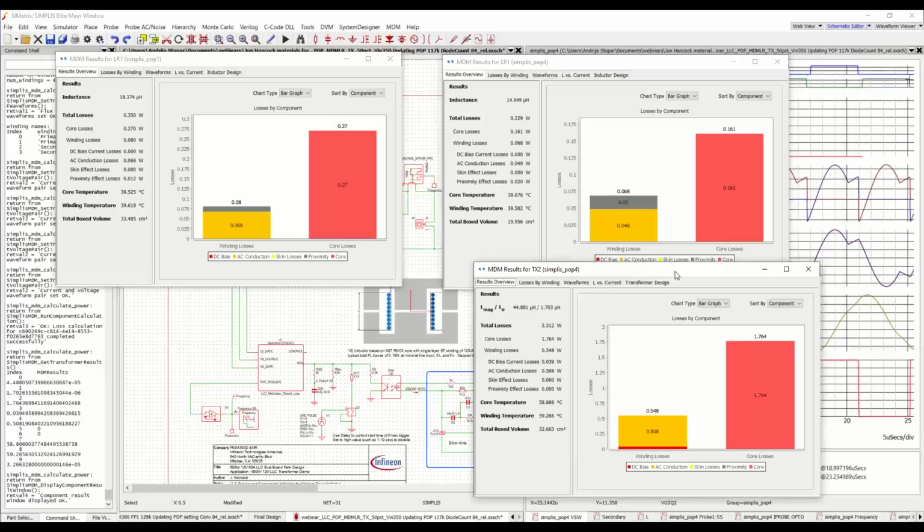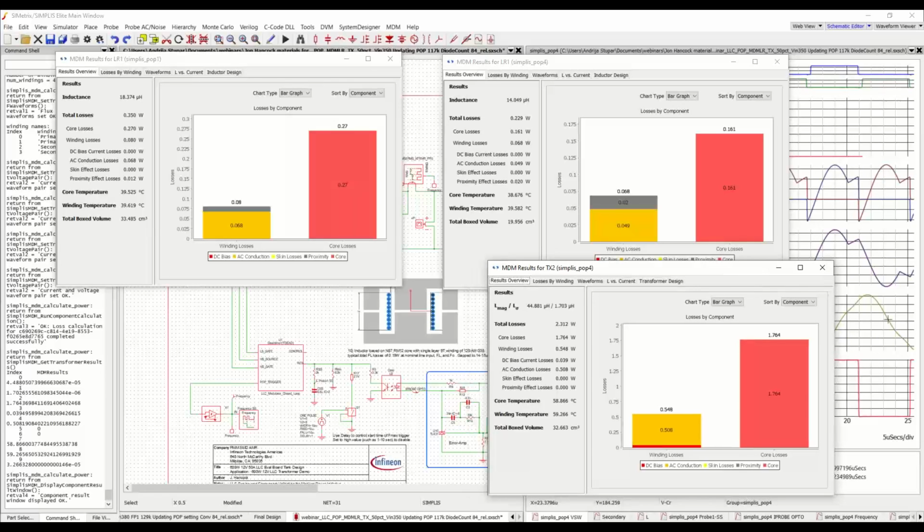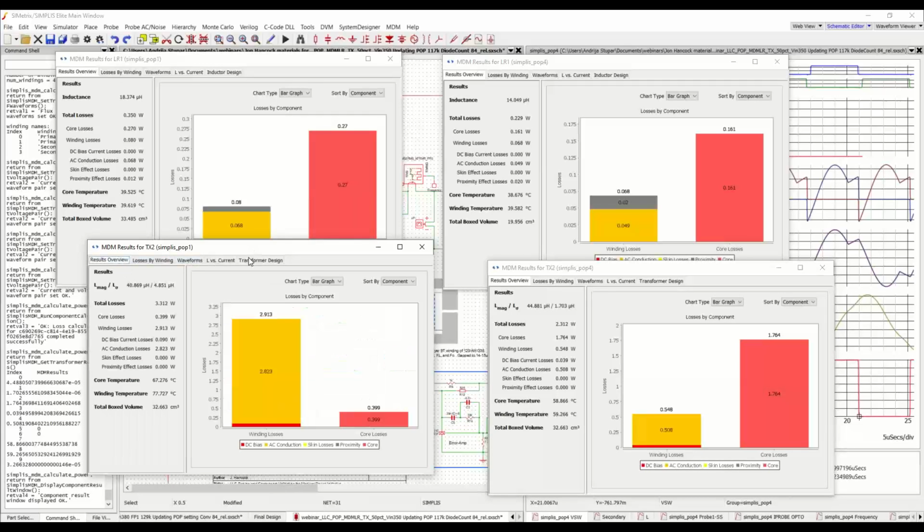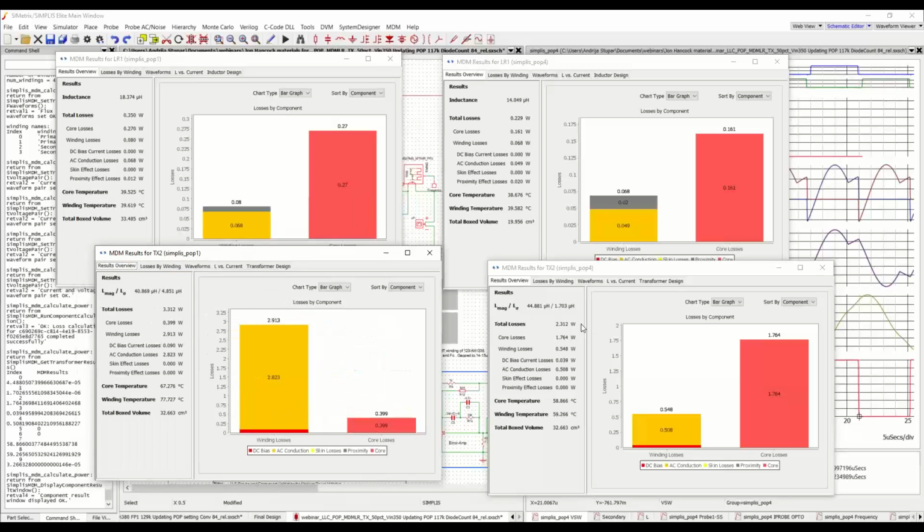And here we have the transformer results. Let's compare them to the original. Now much closer to our 2-watt target at 50% load. The losses have been reduced by 1 watt.